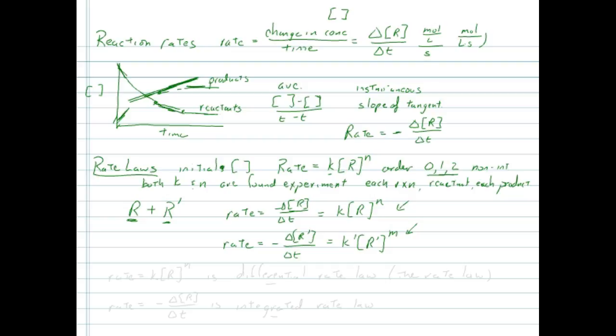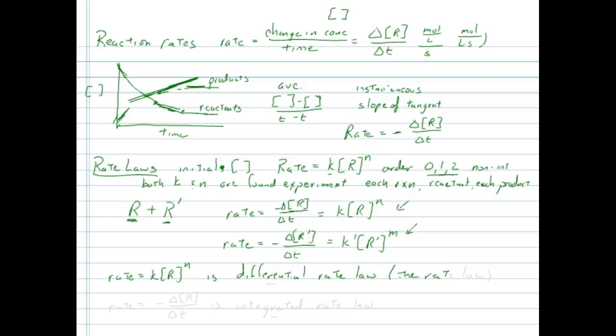The definitions of these we've talked about, now we're going to name them. The rate equals the rate constant times R to the n is called the differential rate law. Oftentimes it's just called the rate law.